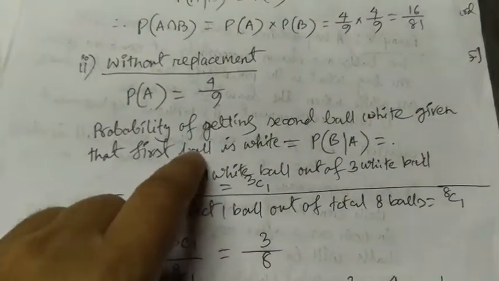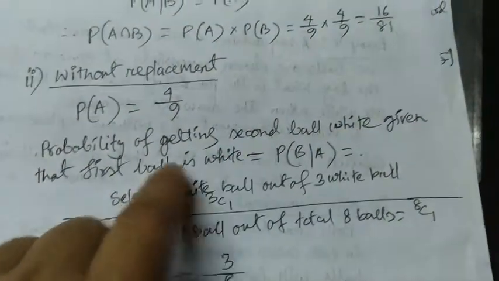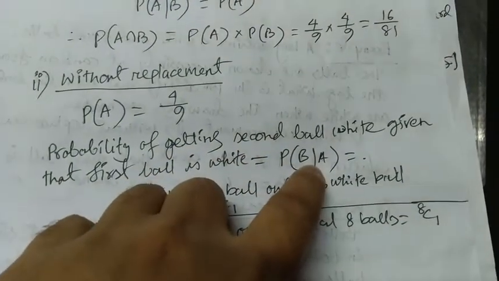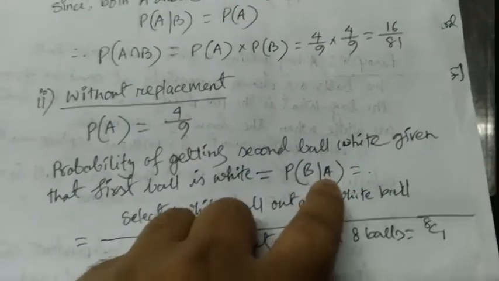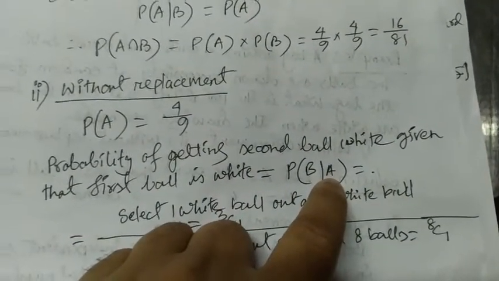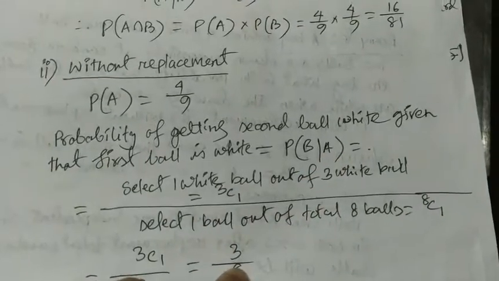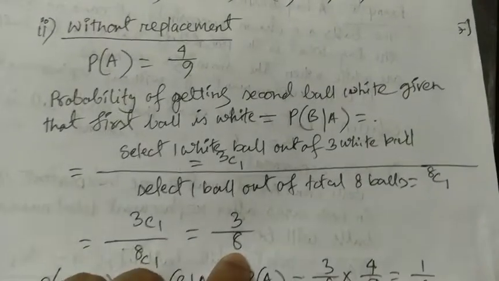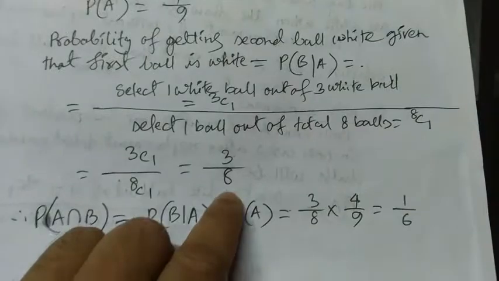So that means the probability of getting the second ball white given that the first ball is white. That is the probability of B given that the first ball is already white. If the first ball is already white, you are left with only 3 white balls and only 8 balls in total. So the probability of B given A is 3 by 8.